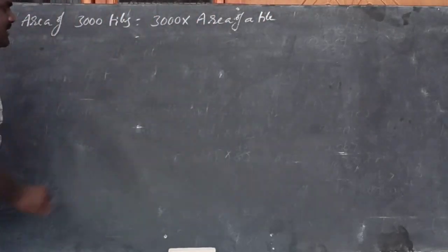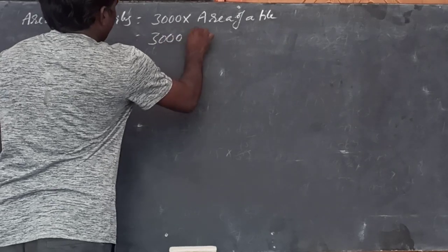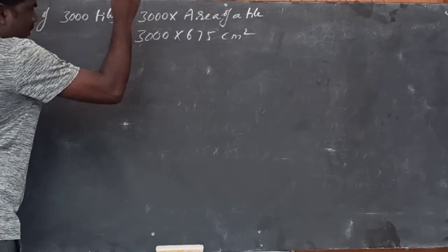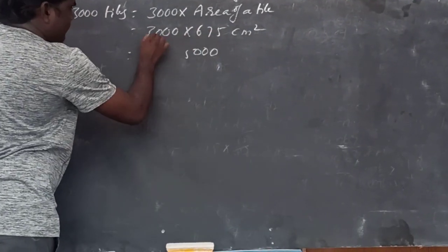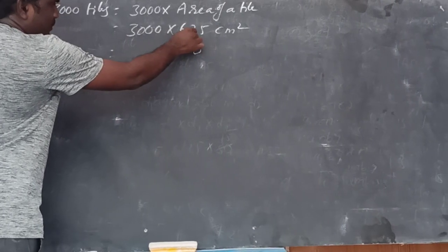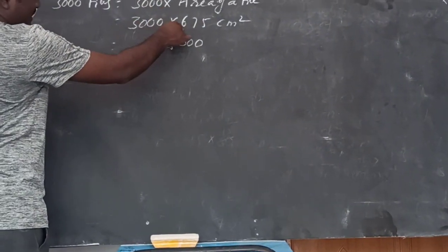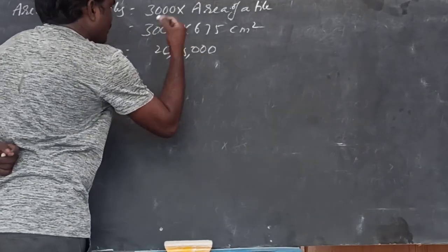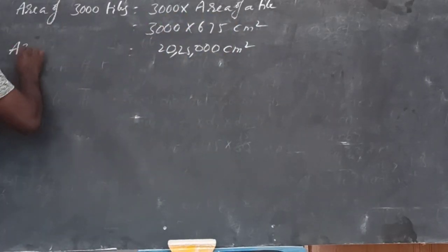The tile is in the shape of a rhombus, so that is 3000 into 675 centimeter square. Three zeros, then 3 times 5 is 15, 3 times 7 is 21, 21 plus 1 is 22, 3 times 6 is 18, 18 plus 2 is 20. So it is 20,25,000 centimeter square.